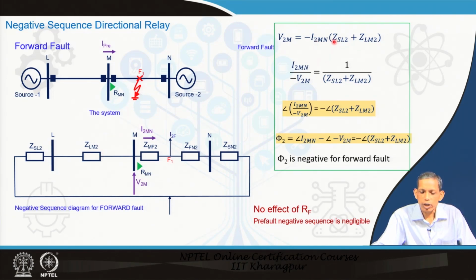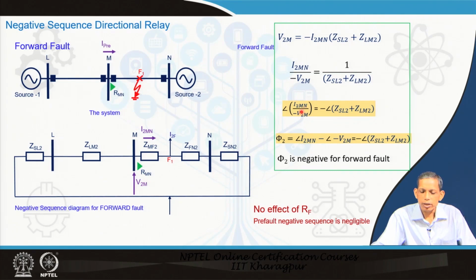Now, if I put I2mn divided by minus V2m, then I get 1 upon ZSL2 plus ZLm2. That leads to, if I go to the angle like the positive sequence perspective, angle of this equals to angle of this, where angle of this means negative angle of this impedance. Which impedance? The impedance behind the relay, negative sequence impedance behind the relay.